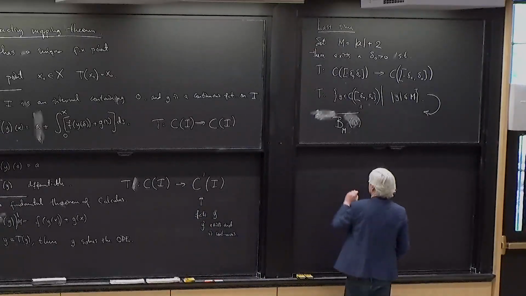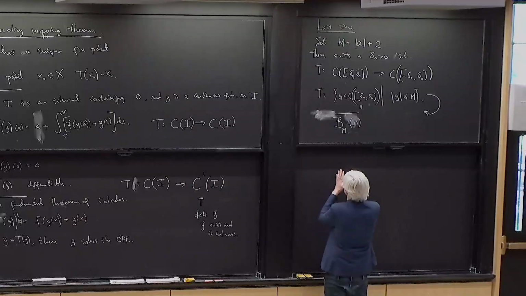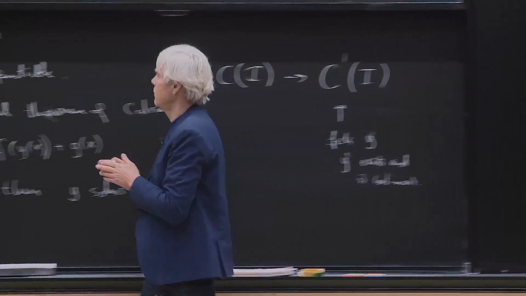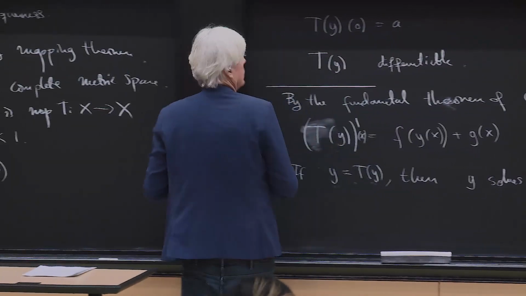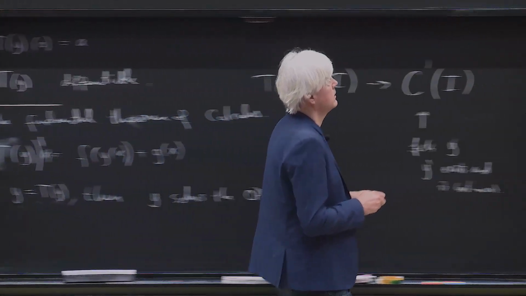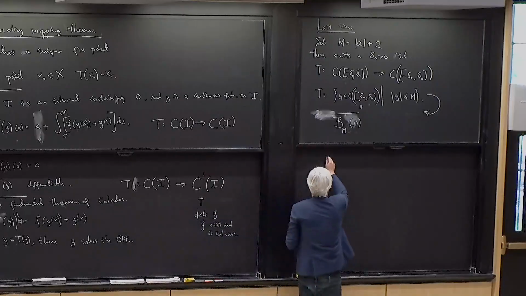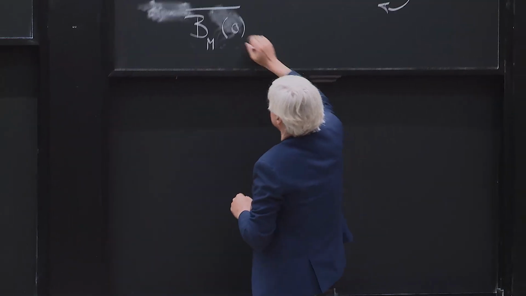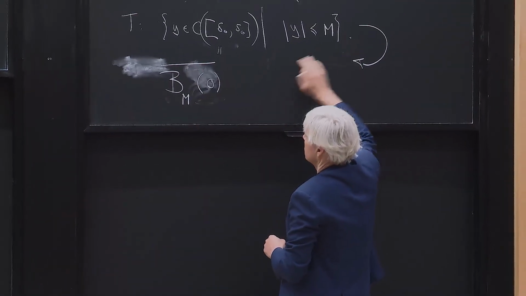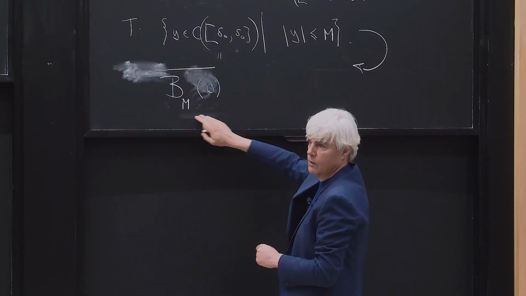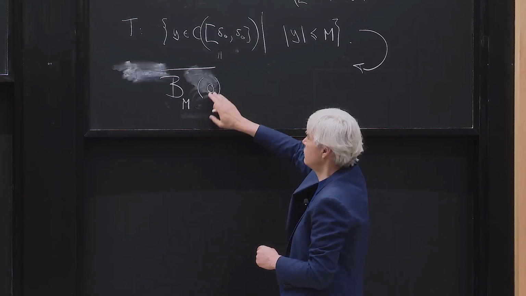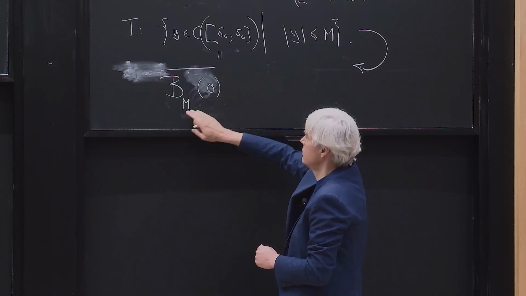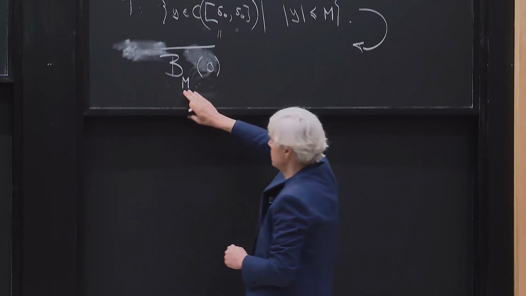Okay, so now the setup is that we want to find a fixed point for this map T, right? We have a space that we want to look at, and this is what we before have denoted, like the ball in this metric space. It's centered at the function that is constant 0, and this is the radius, right?